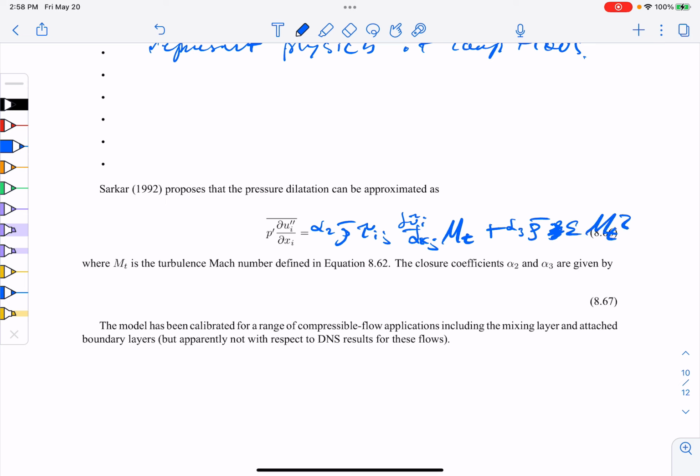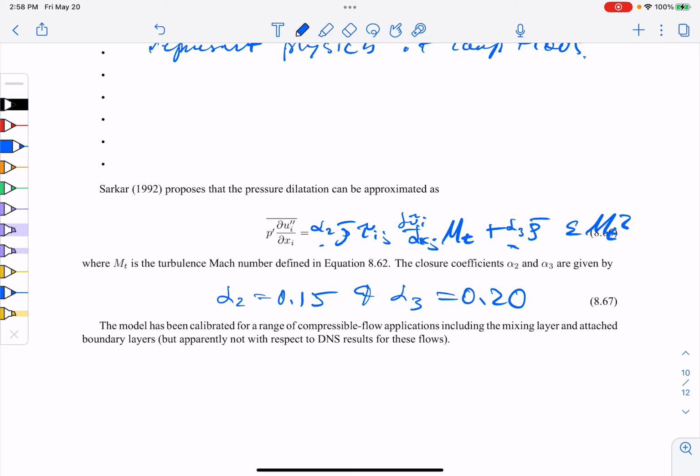Let me just make that correction. There we go. And once again, MT is turbulent Mach number, and alpha 2 and alpha 3 are closure coefficients. Generally they're set as alpha 2 of 0.15, alpha 3 of 0.20. And these were calibrated by Sarkar against a number of DNS flows for mixing layers and boundary layers.